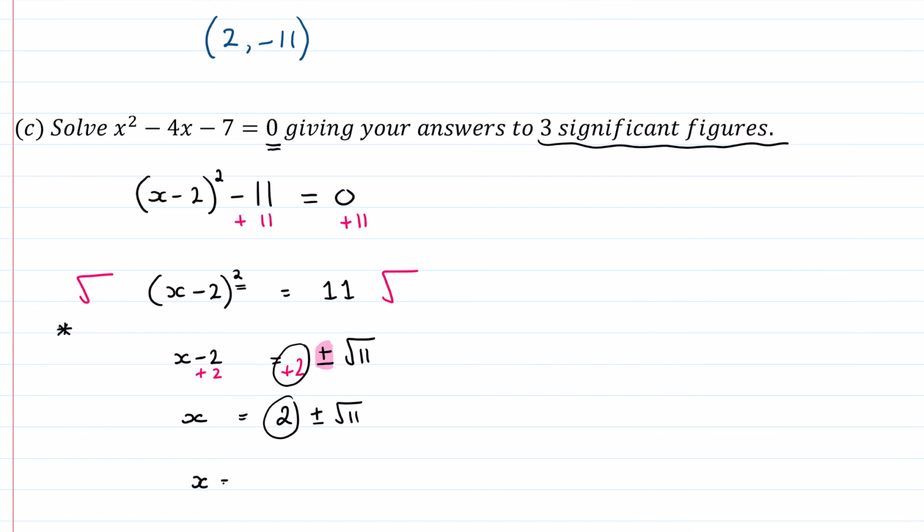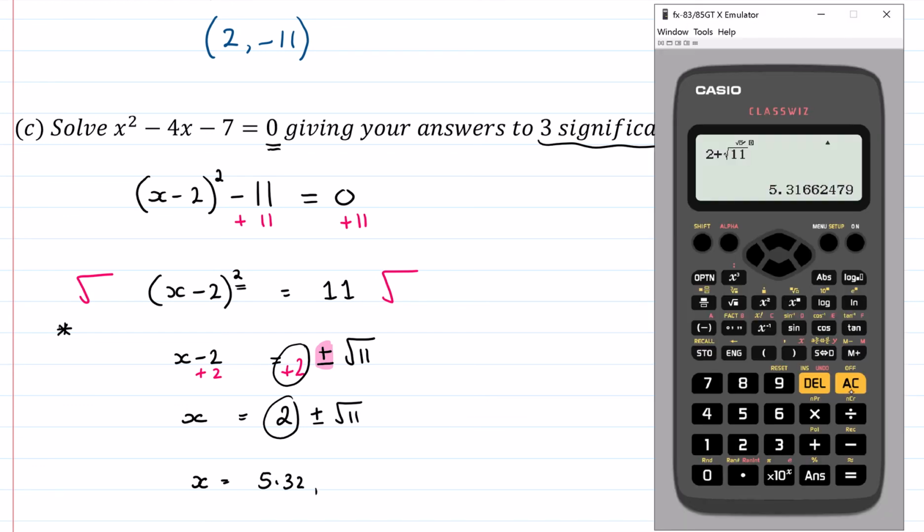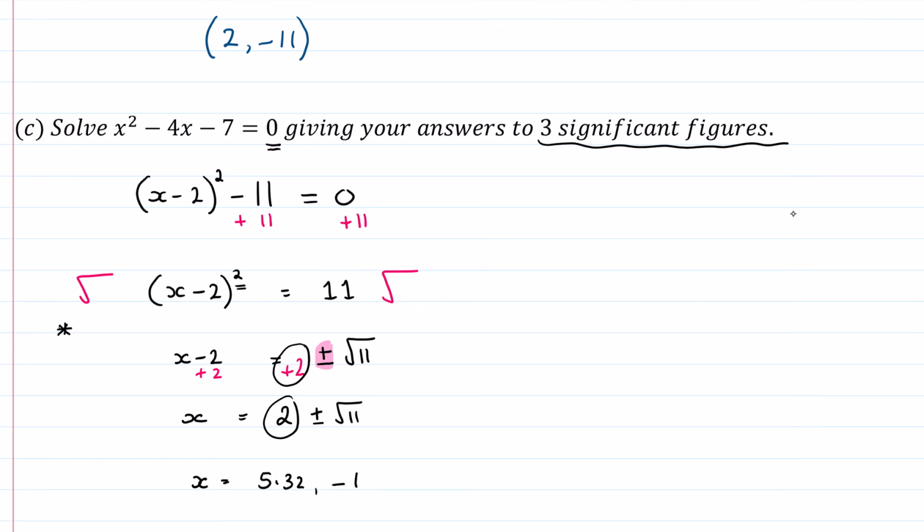So x equals 5.32 to 3 significant figures. And then the next one, 2 minus root 11 and SD button, and it's minus 1.32. So minus 1.32, and that is to 3 significant figures.